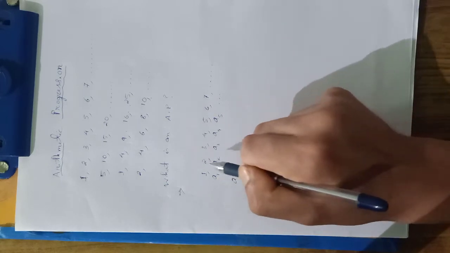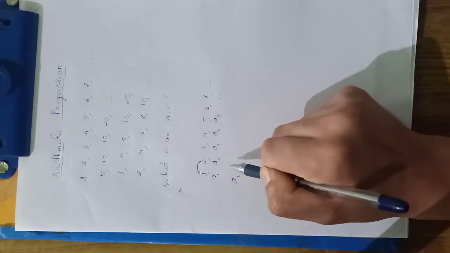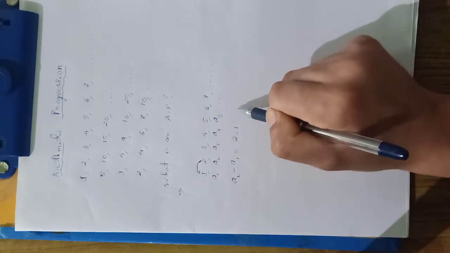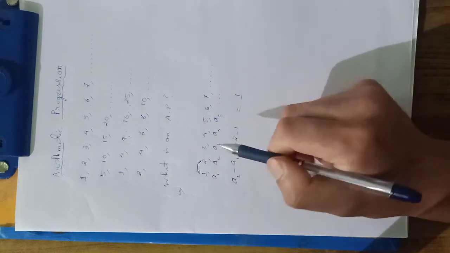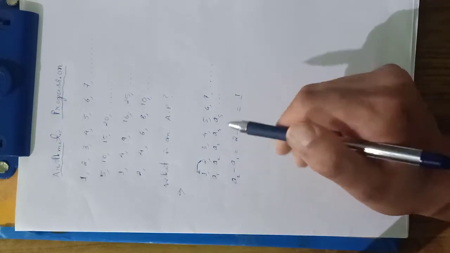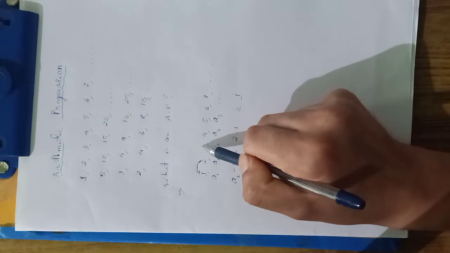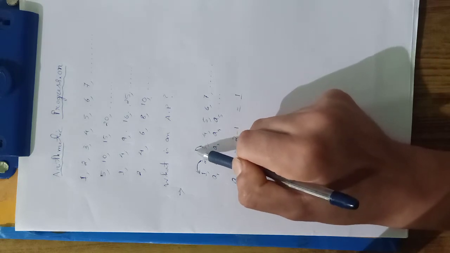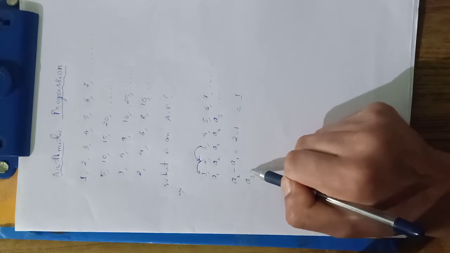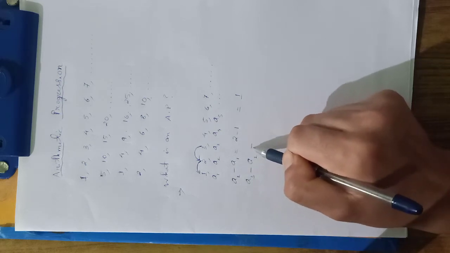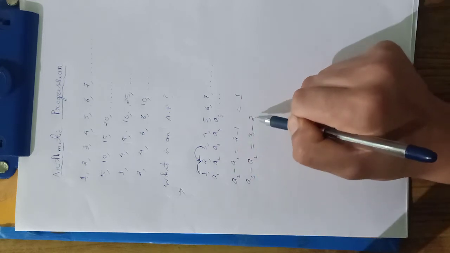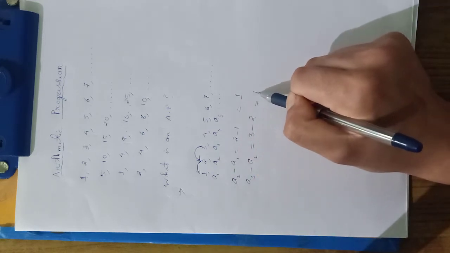Second term minus first term: 2 minus 1, which gives you 1. Now let's check the difference between the third term and the second term. A3 minus A2. The third term is 3, the second term is 2. So 3 minus 2 is 1.